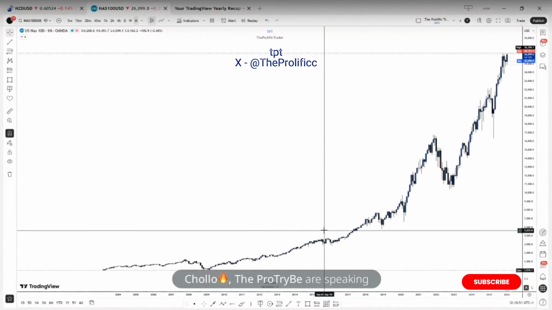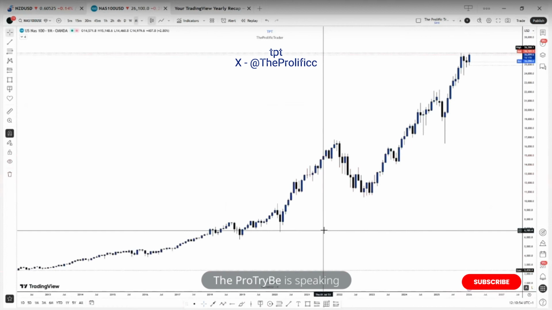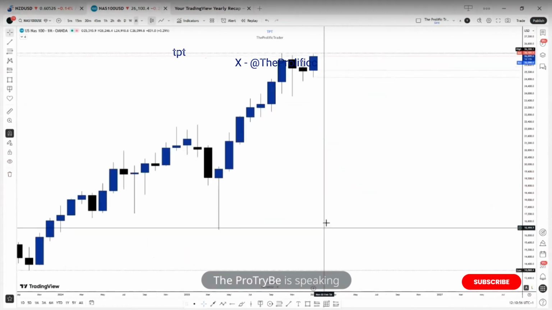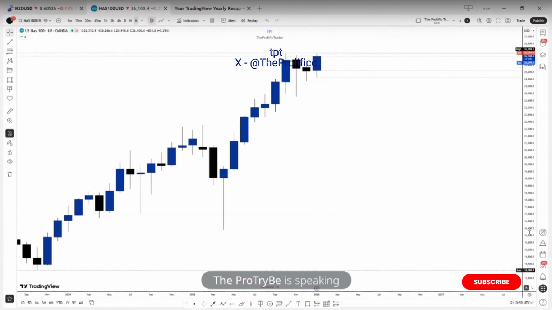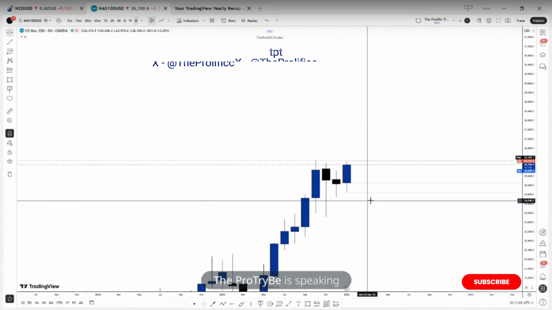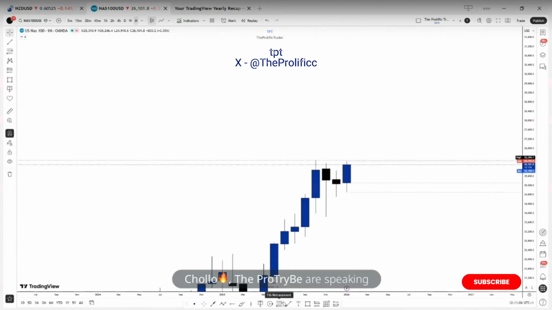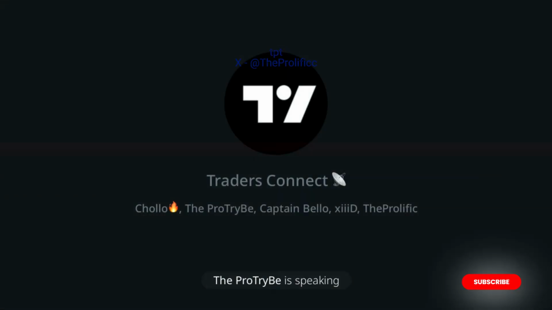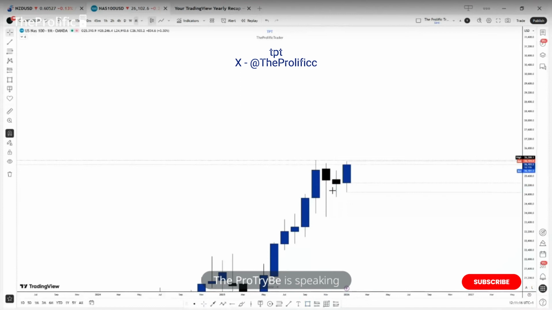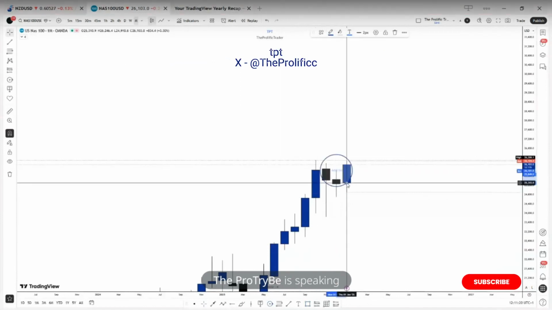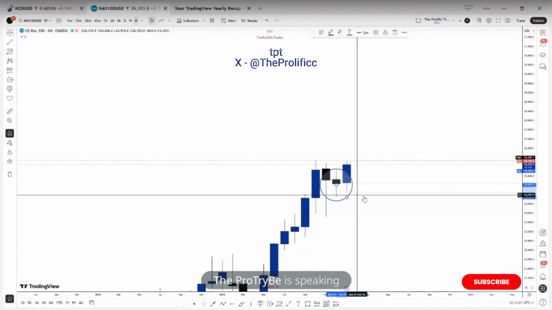So the probabilities are more biased to buyers. Even on the monthly time frame, you can see that this current happening is still a bullish happening. This was a bear, but this is like a doji or a pin.